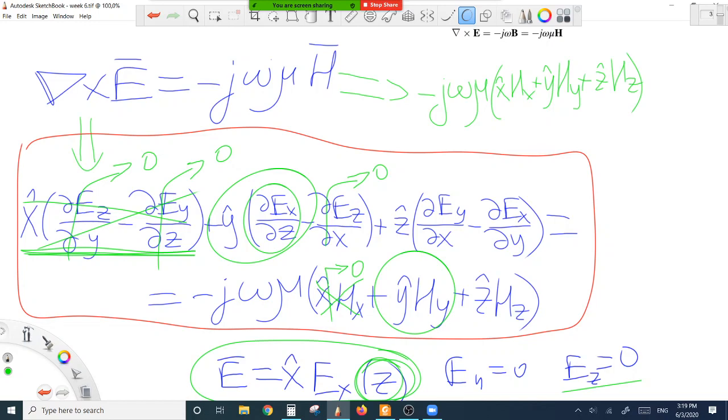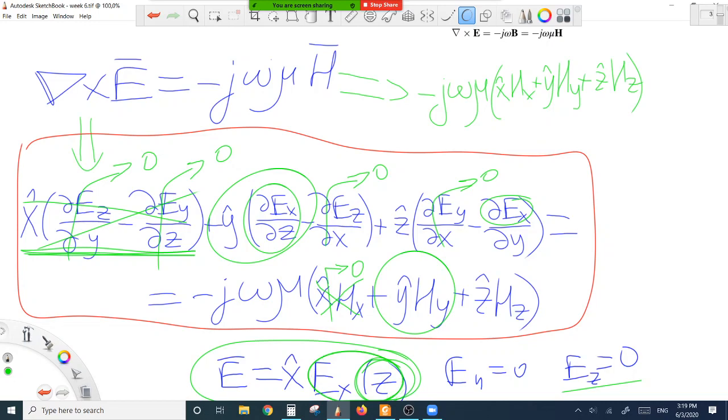What about the component along z? Ey is 0, simple. What about Ex? Ex is not 0, but Ex depends on z.